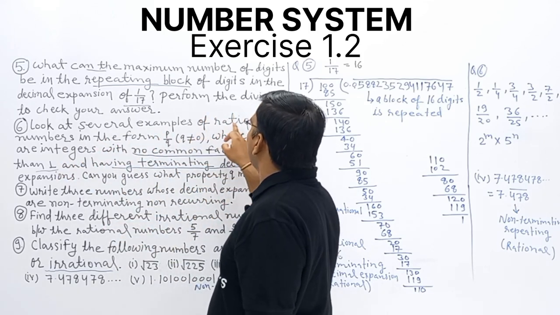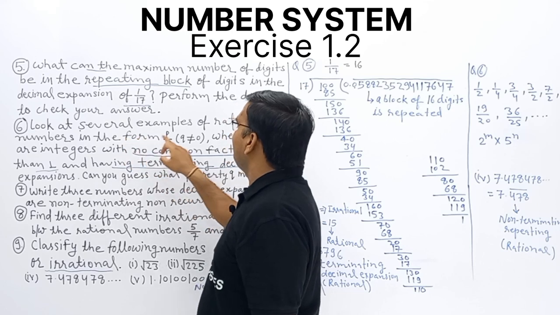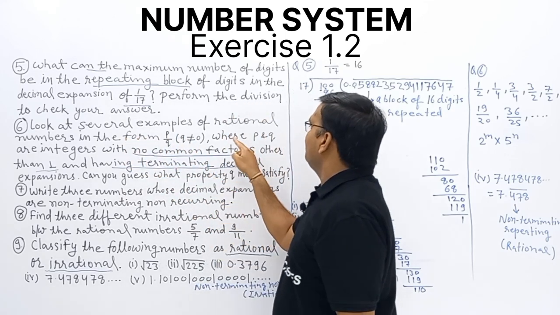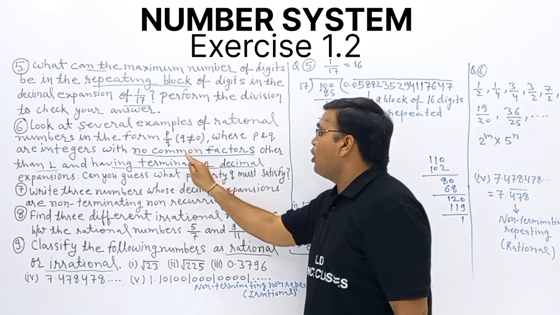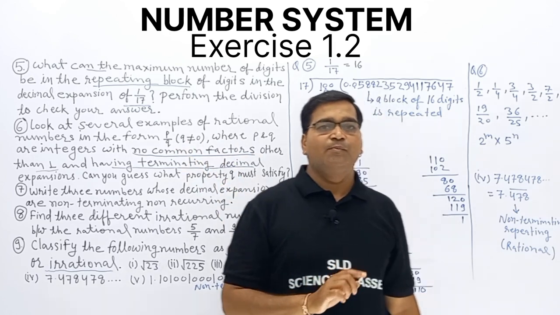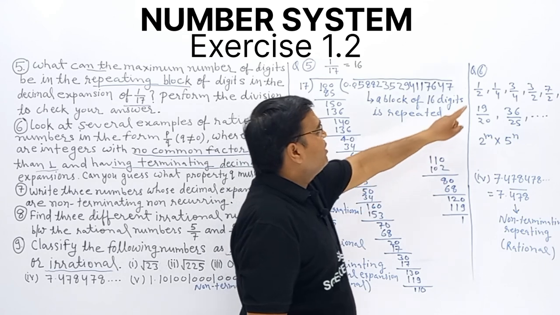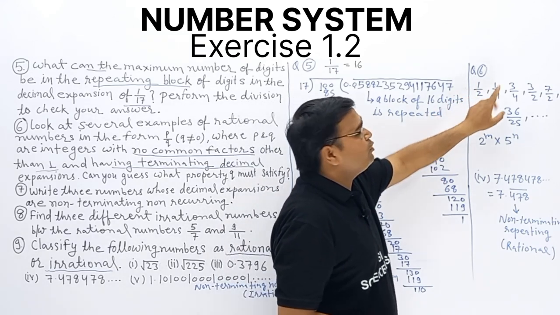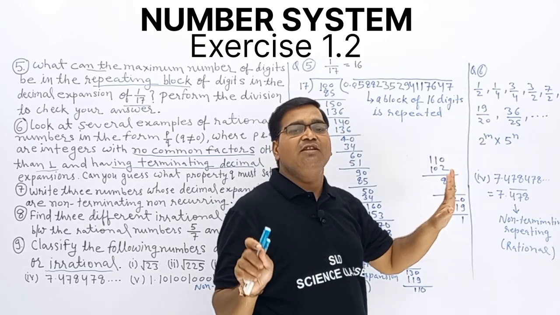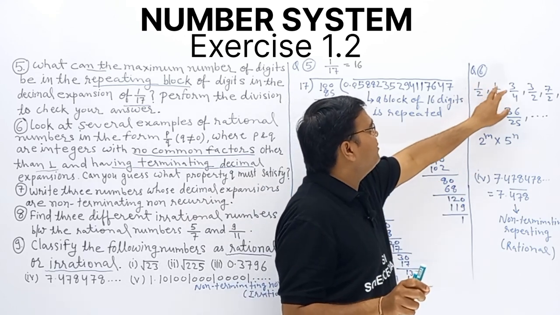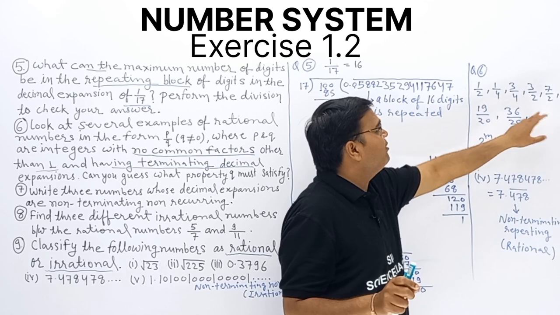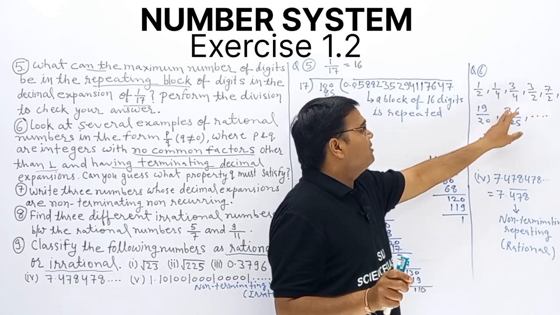Several examples of rational numbers in the form of P upon Q, where P and Q are integers with no common factor. P and Q should be integers. 1 by 2, 1 by 4, 3 by 4, 3 by 2, 7 by 2, 19 by 20, 36 by 25.